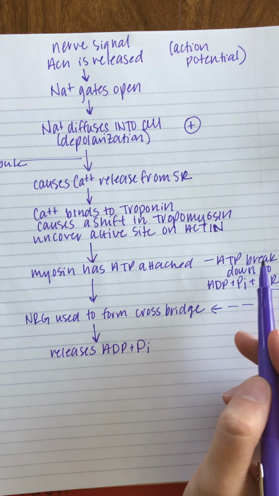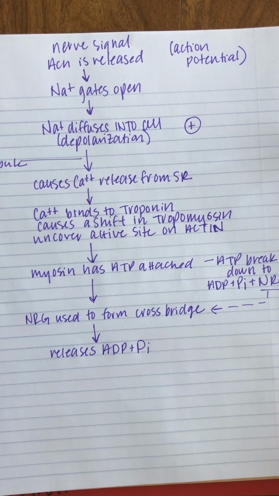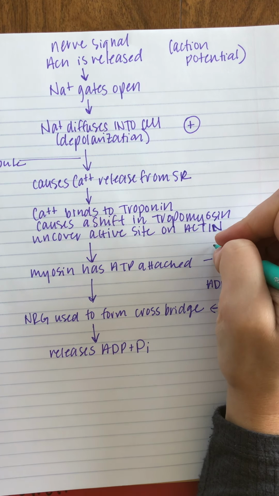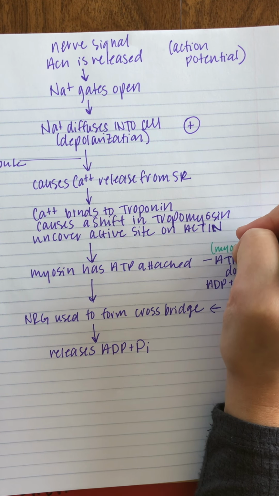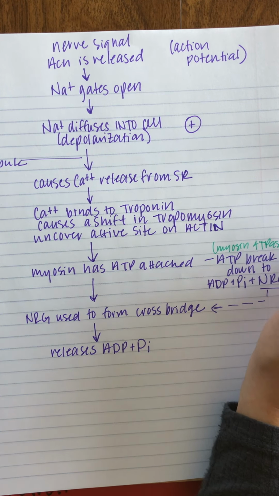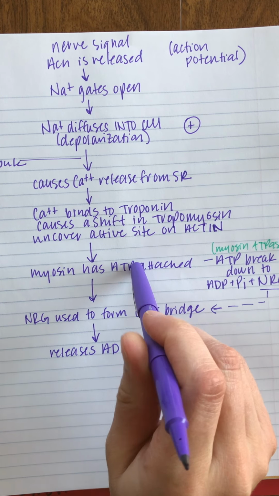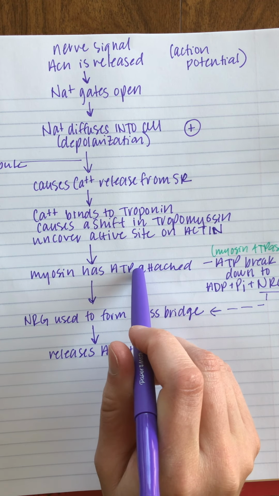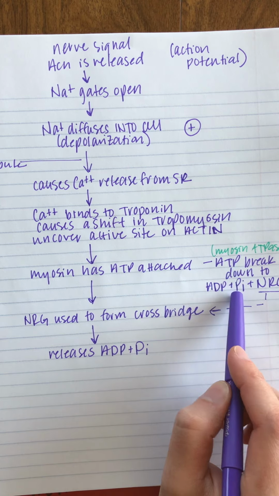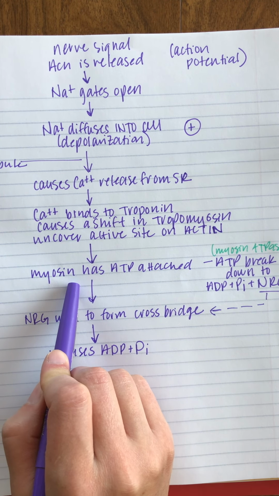So when ATP is broken down into this, if you want to jot that down, the enzyme that does that is myosin ATPase, or MATPase. So basically, ATP is attached to the myosin globular head. It will break down into its parts, but ADP and Pi are still attached to the myosin head.